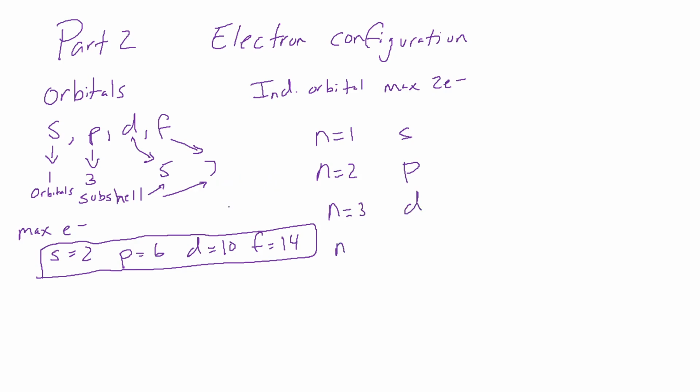Not till the 4th energy level you see the f orbitals start to appear. So why is that important? Well, if you know this and you know this, you can then put together the correct order at which electrons go into the atom, and you can write any electron configuration you want.